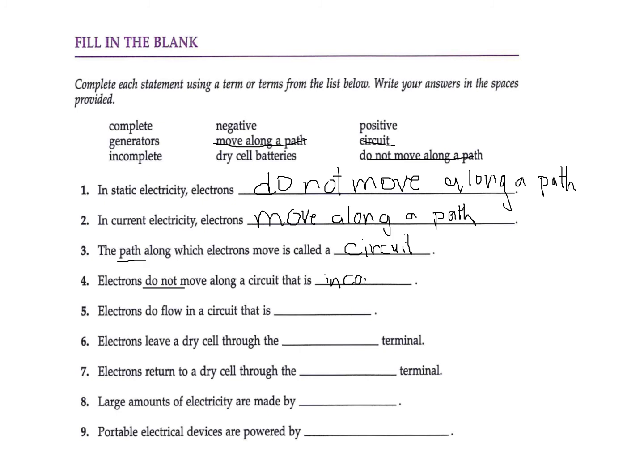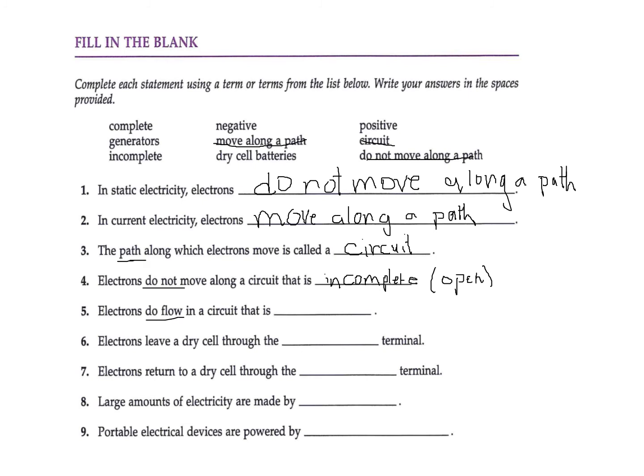Another word for that is open. So you have two choices to use. If you're doing your online quiz and it says open, they mean the same thing. Incomplete or open means no electricity.